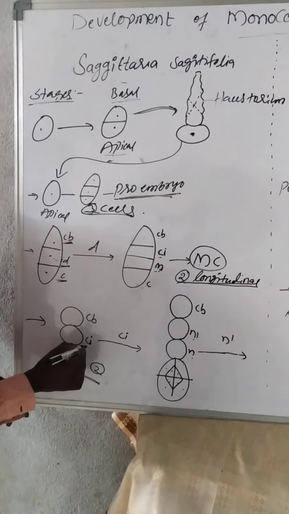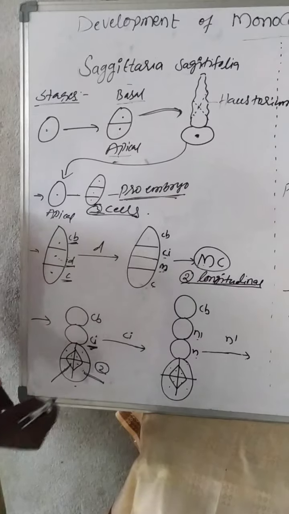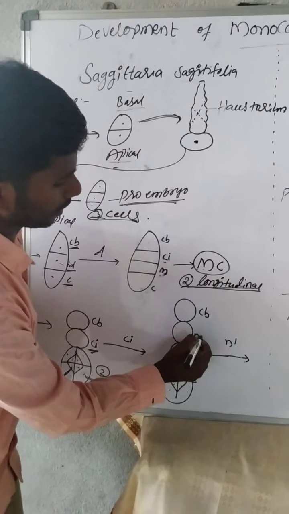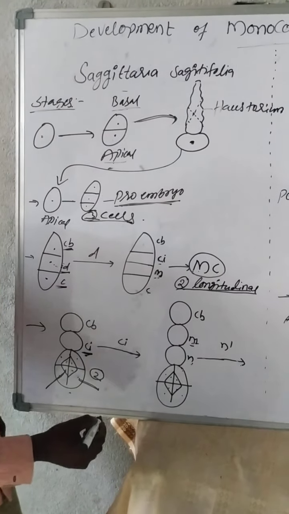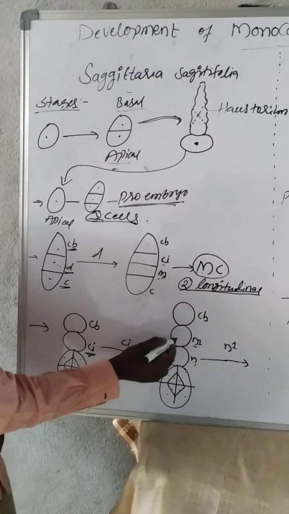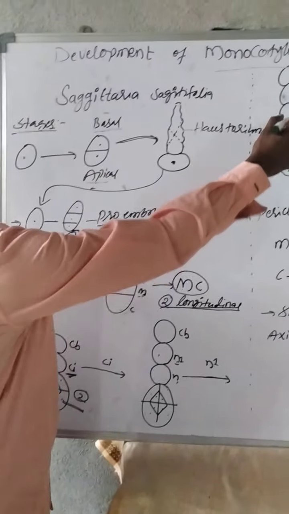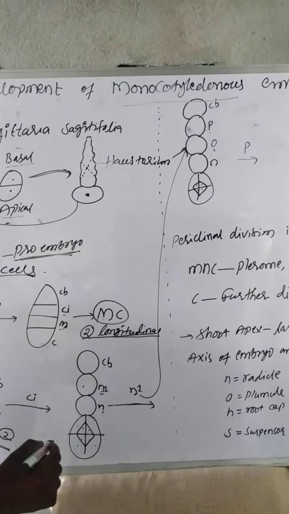Again, the Ci cell undergoes division and forms N and N dash, or N1, cells. Then the N1 cell divides again and forms O and P cells.